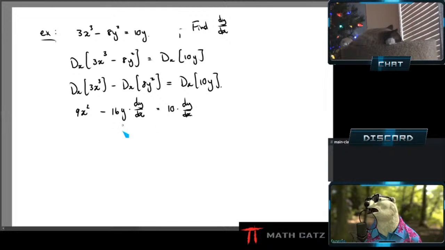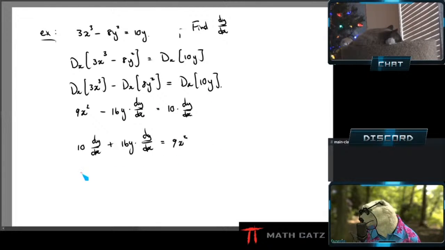So I need to group all the like terms together. Let's maybe move it to the other side and then flip everything around, because why not? Plus 16y dy/dx. And I have 9x squared left. Right, this guy moves to the other side, then that becomes my new left side. So I have 10 plus 16y times dy/dx, taking it out as a common factor.